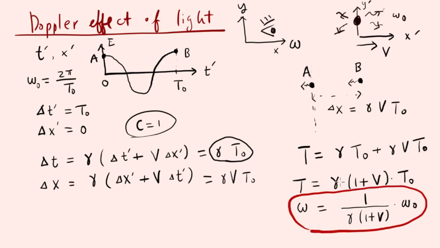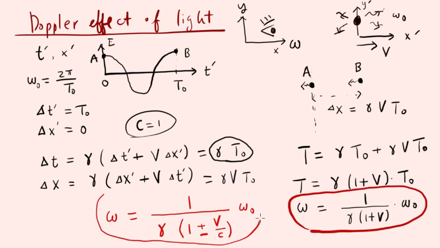So let me write that. With c included, it becomes 1 over gamma times 1 plus v over c, omega 0, and then I might also throw in the negative sign there.